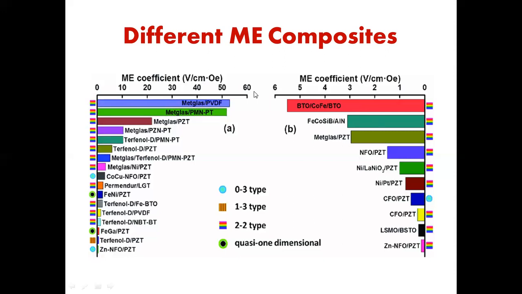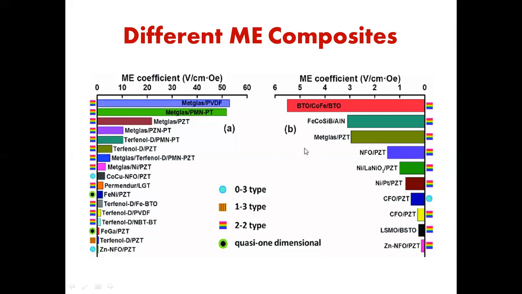The difference between these composites and these composites is that the range of magnetoelectric coefficient values obtained for these composite materials is less, less than 6.